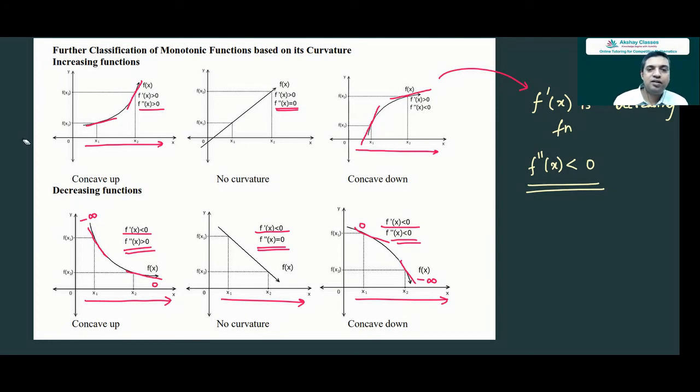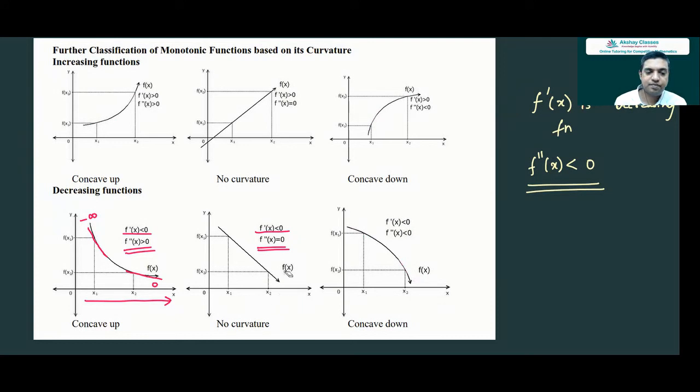But now, notwithstanding all this, in both the cases, what we get is this: if second derivative is positive, it means the curve is concave upward in curvature.